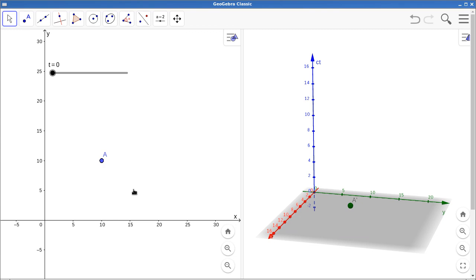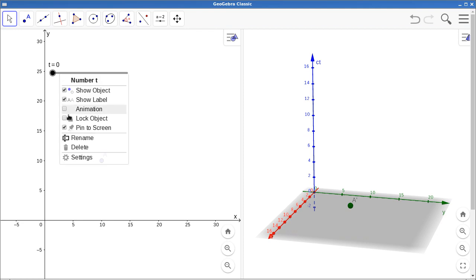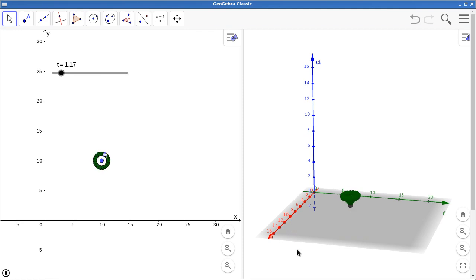Two-dimensional world means it will have two axes, x and y, and on the right hand side you are seeing a Minkowski spacetime representation of this event A. This dot A dash represents the event which is happening at this location A. If photons are emitted in all directions from this event, what will be the world lines of those photons in the Minkowski spacetime? We will see.